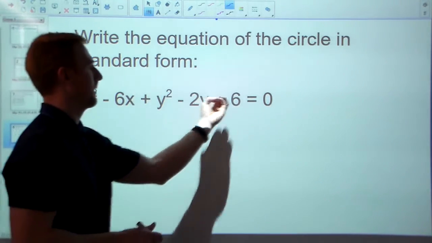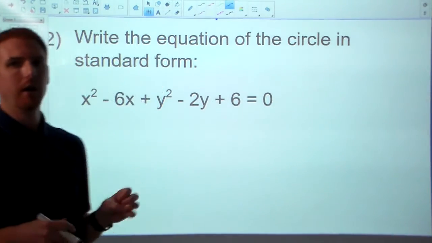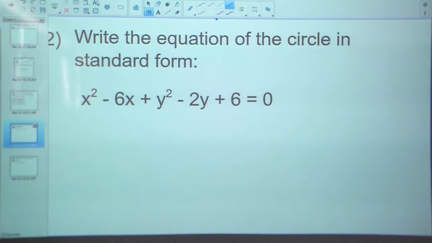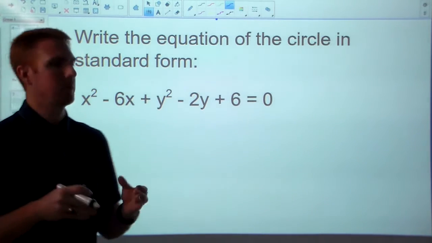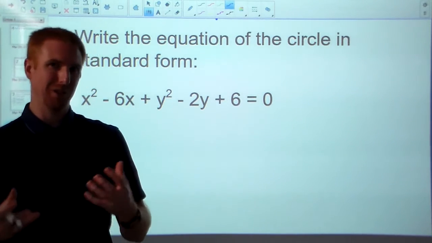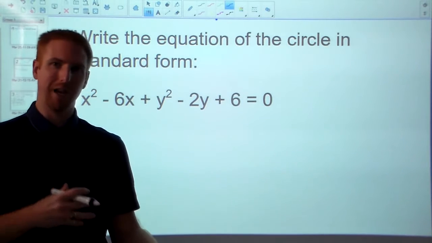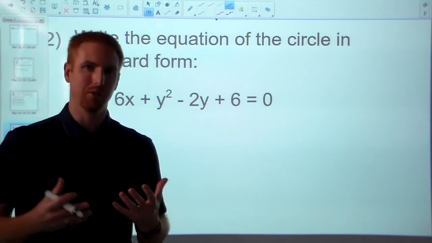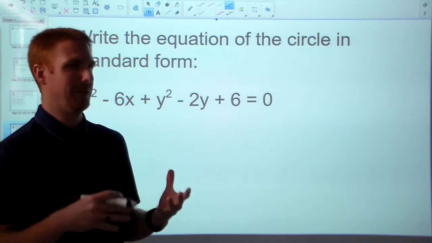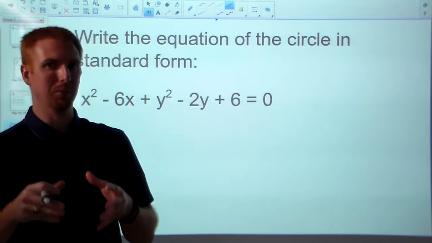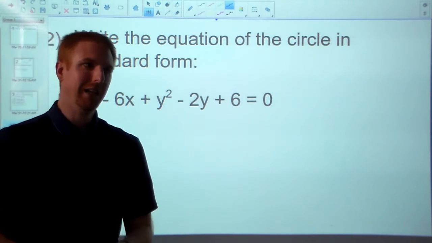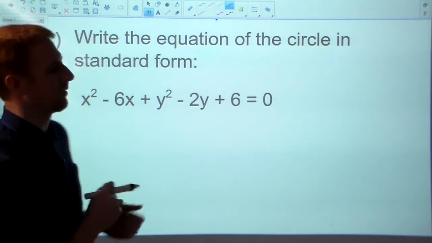And then we want to take any constants and get them over to the other side. So that's the reason we want to use completing the square. So back in chapter 2, when a lot of y'all were asking, can I use this? You didn't really realize it was calculus, but it was a calculus definition for the vertex of a parabola. And I kept telling y'all, now I really need you to learn completing the square now, because it's going to really pay off later. Well, this is where it's going to pay off.